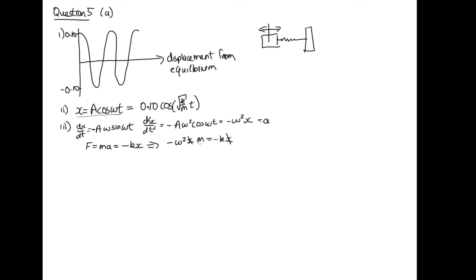So these x's will cancel out, the negatives will cancel out, and we end up with omega is equal to the square root of k on m. So that's derived there. Maybe we should say Hooke's law. And this one here is Newton's second law.